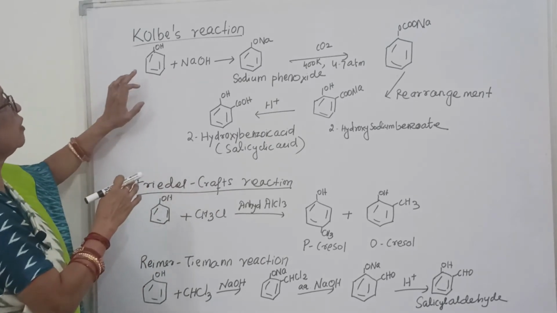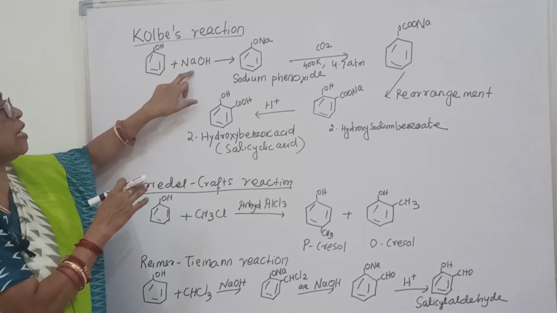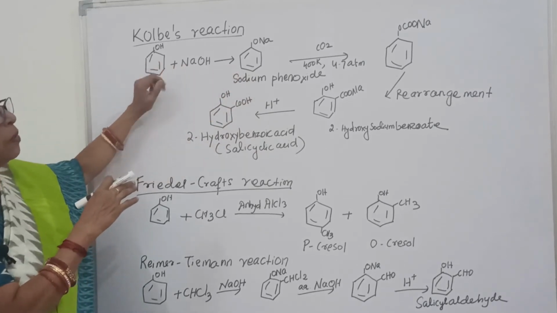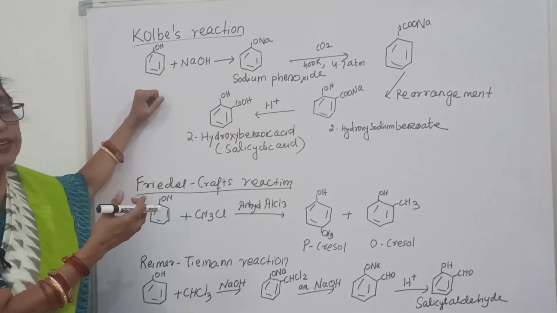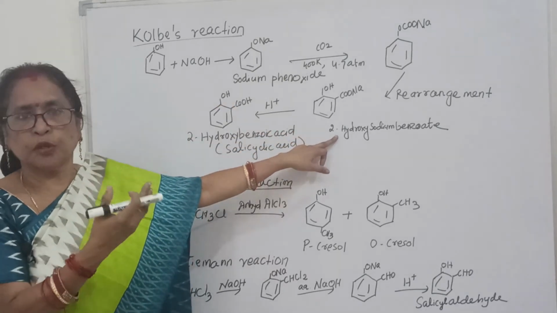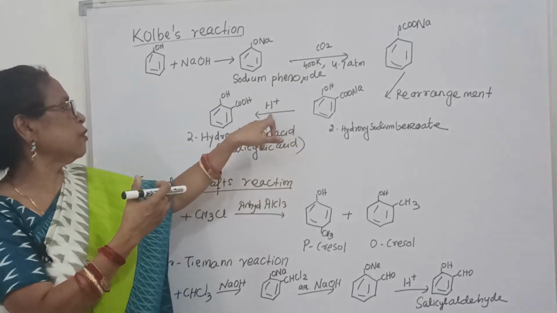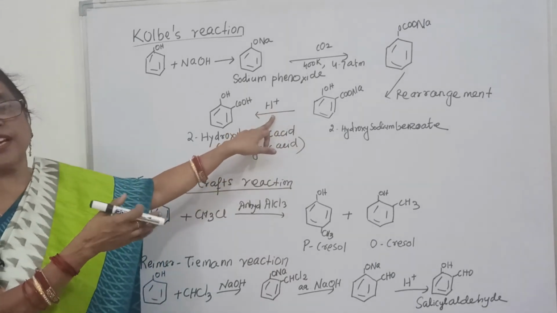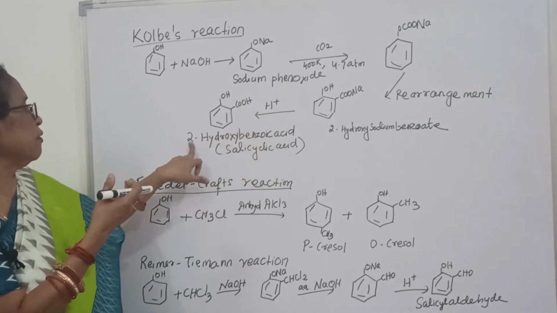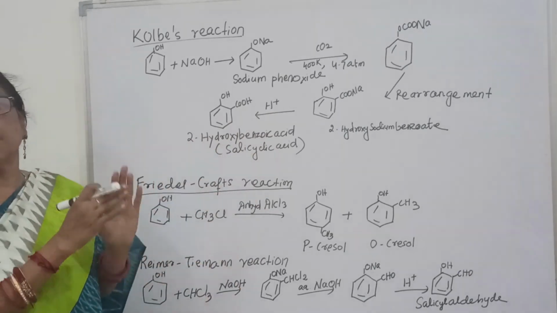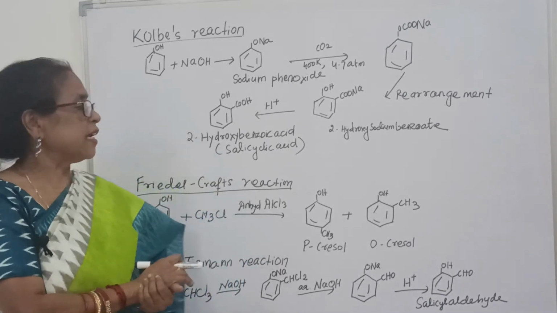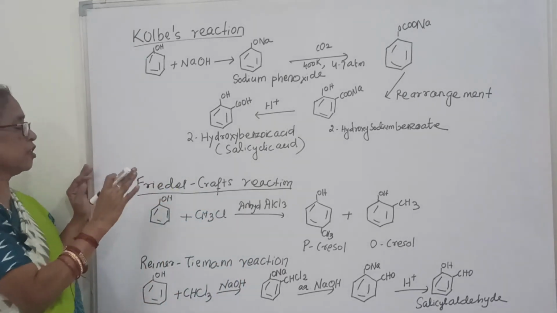Again see, phenol reacts with sodium hydroxide to give sodium phenoxide, carbon dioxide with proper temperature and pressure, and after self rearrangement it gives 2-hydroxy sodium benzoate. This one on acidic hydrolysis, or dilute hydrochloric acid, gives 2-hydroxy benzoic acid, that is called salicylic acid. And here the Kolbe reaction is completed.